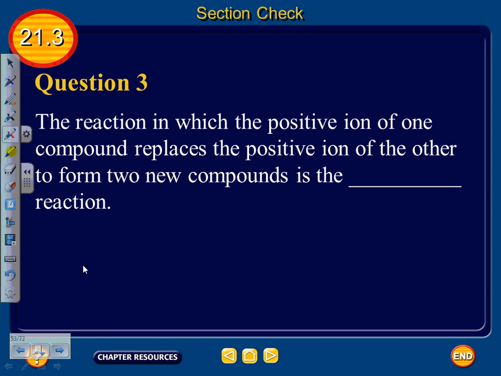Question 3. A reaction in which the positive ion of one compound replaces the positive ion of the other to form two new compounds is a double displacement.